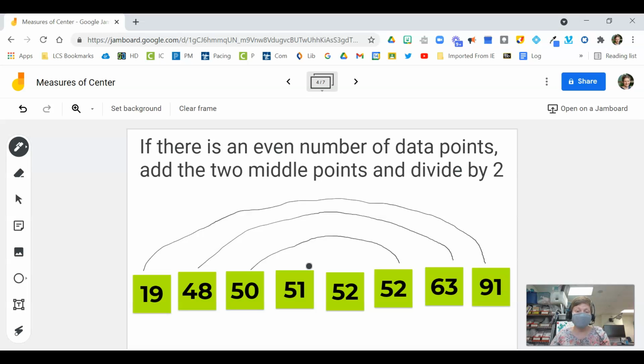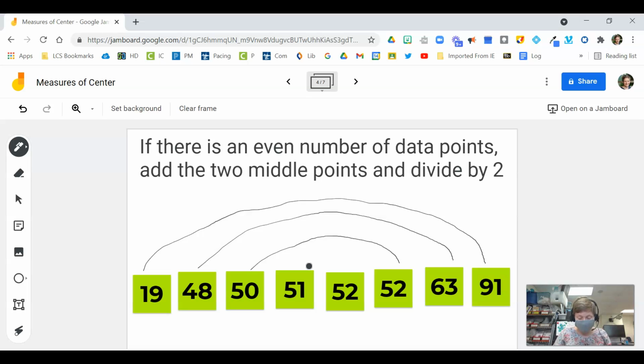So there is what's called a convention, something that we agree to do. And mathematicians agree that when we get to the middle of a set of data and we have 2 points, that we're going to add them up and divide by 2. And that actually finds the number in the middle. This is a step that you're welcome to do on your calculator. I'm going to use the calculator on my phone.